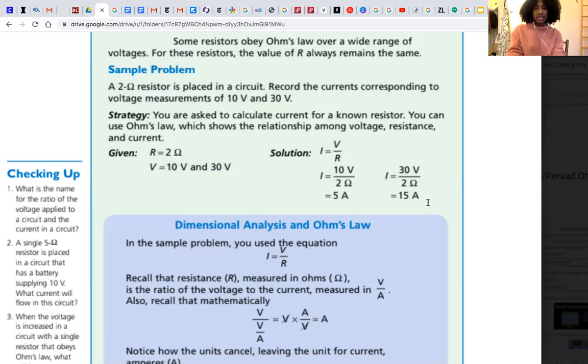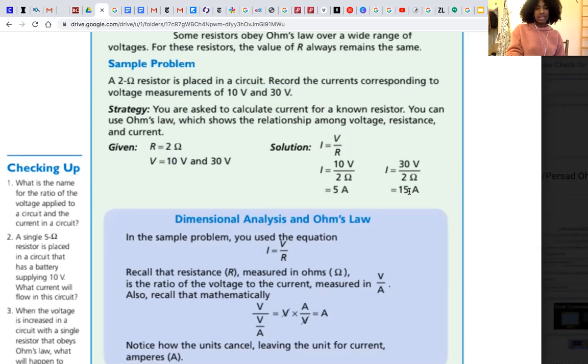So you see here, I equals 30 volts divided by 2 ohms of resistance. The amount of resistance remained the same, and this equals 15 amperes. So one is receiving a current of 5 amperes and the other is receiving a current of 15 amperes.